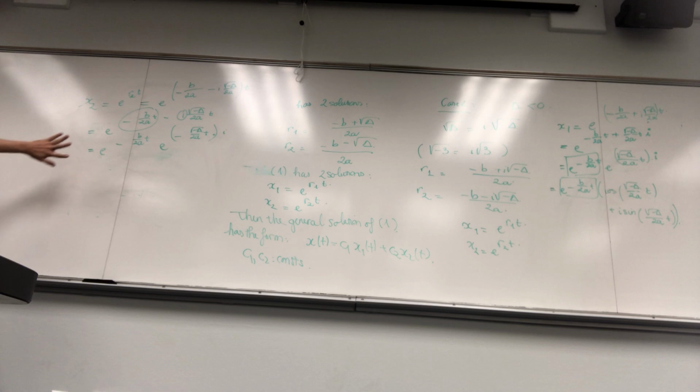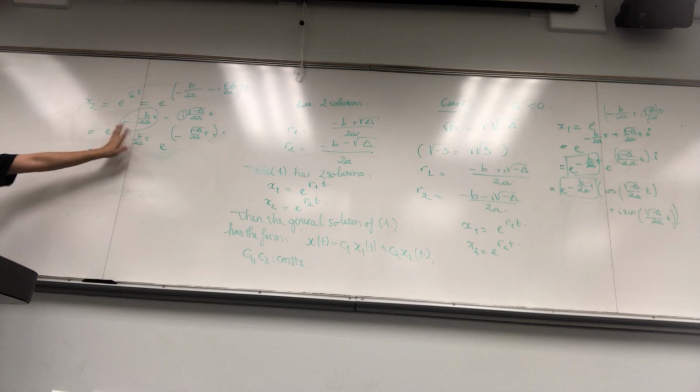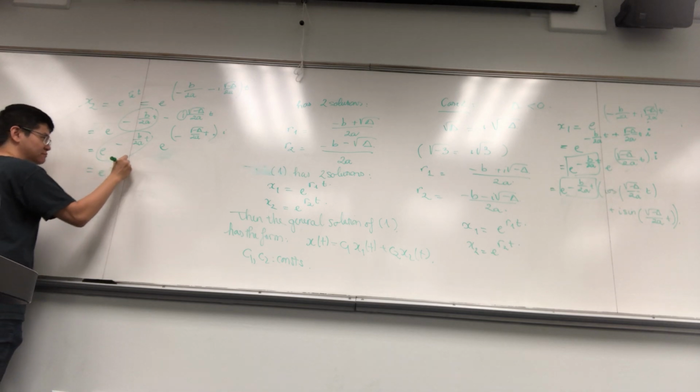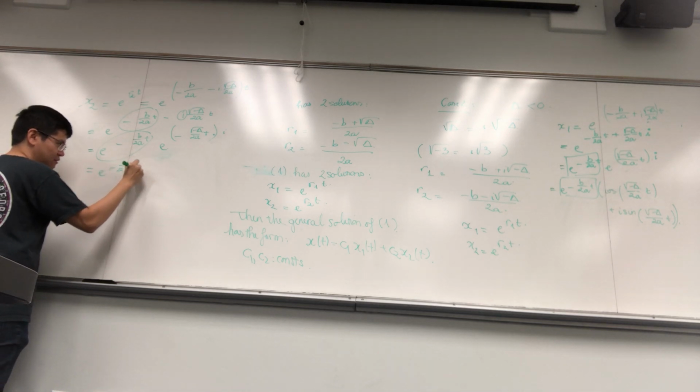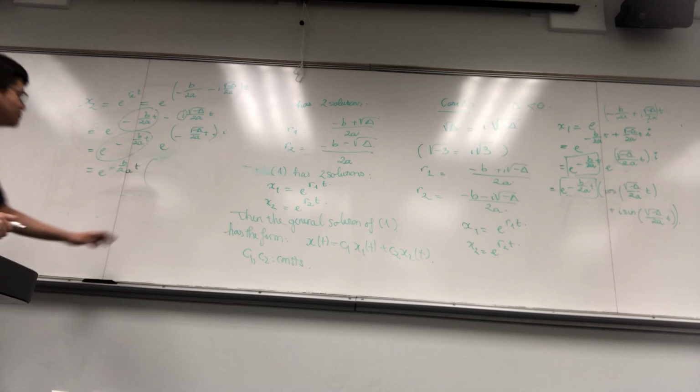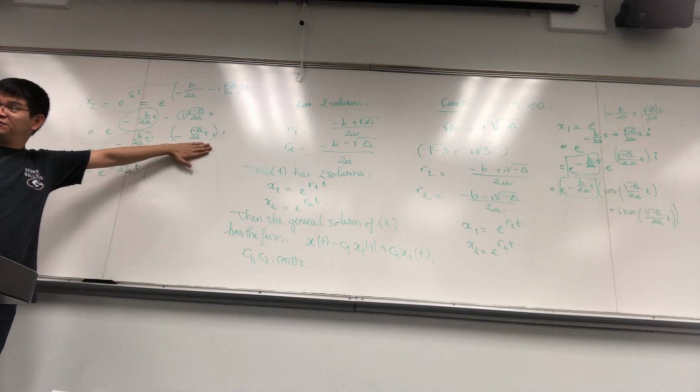So the real part, I'm going to keep it. I don't do anything with the real part. Now what happened with the imaginary part? If you do Euler's formula, the negative square root of negative delta over 2a t would be your alpha. So now I'm going to use the Euler formula.